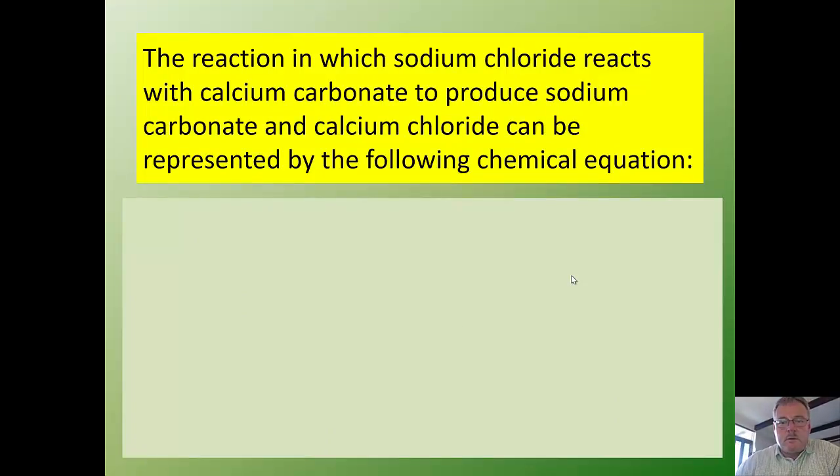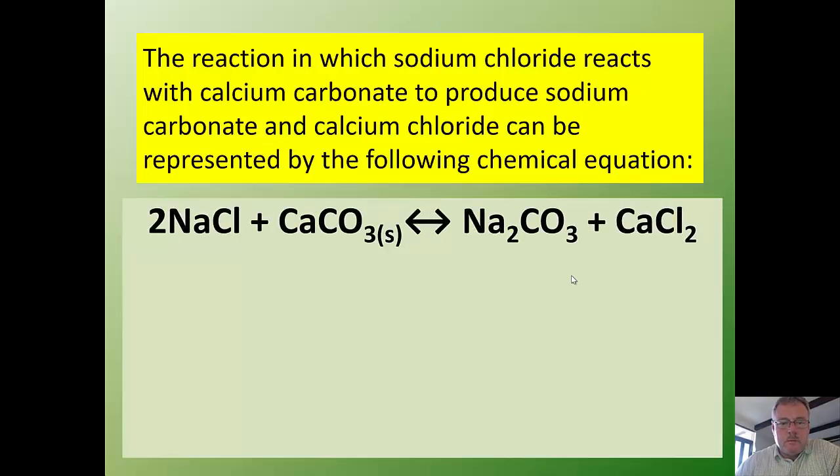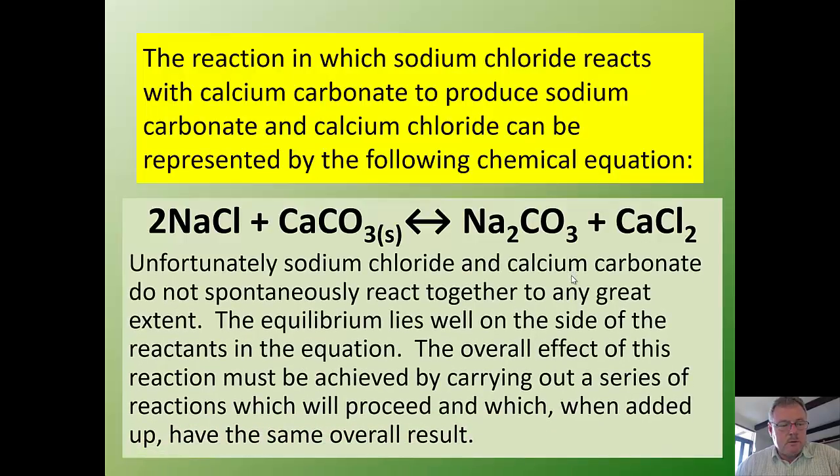This is the overall reaction to produce the sodium carbonate: sodium chloride reacts with calcium carbonate. Sodium chloride and calcium carbonate don't really react spontaneously, so they're not going to form those products, sodium carbonate and calcium chloride.